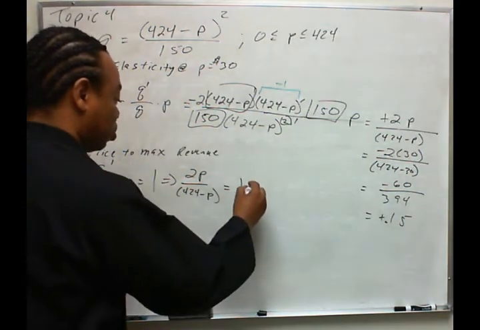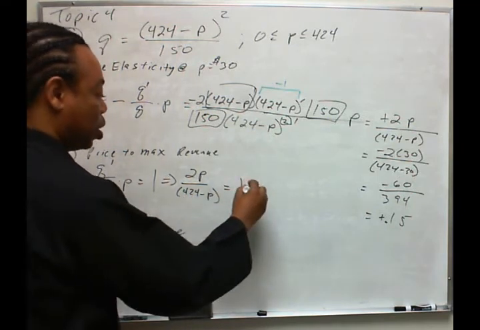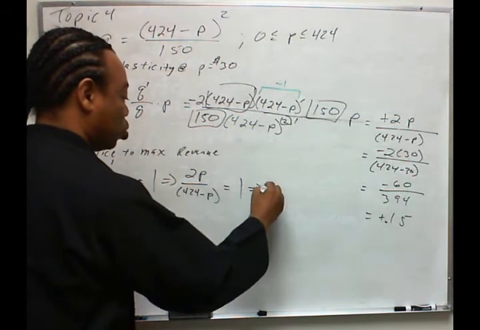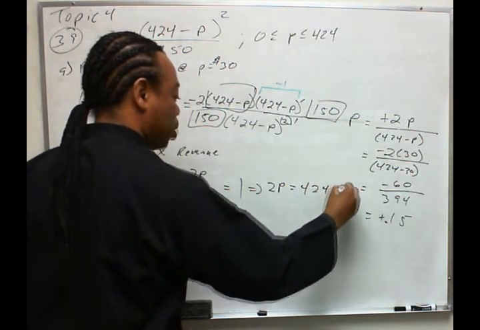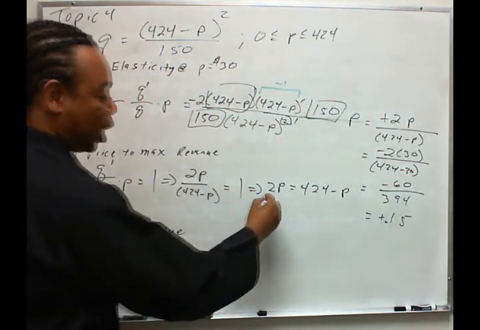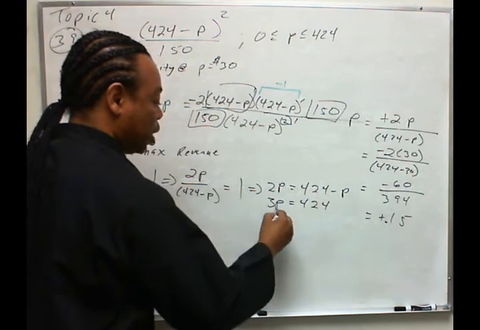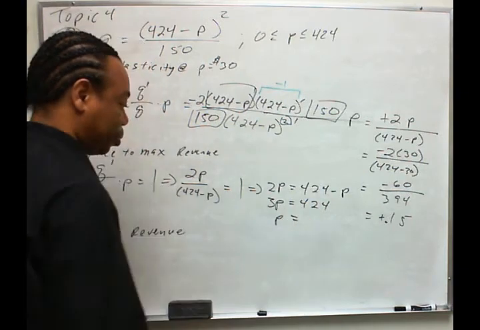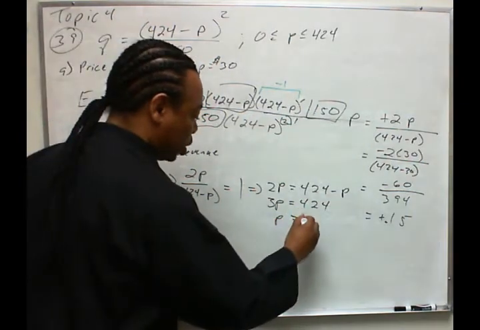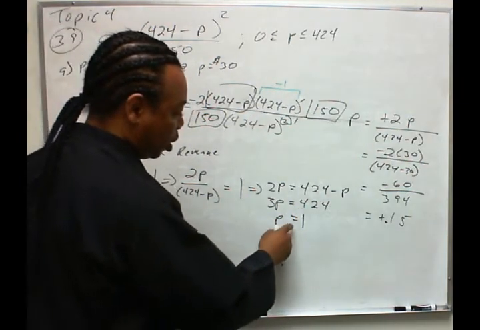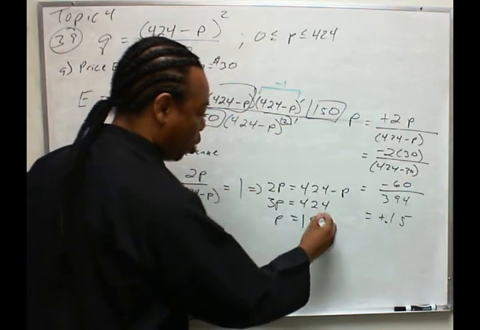If I multiply both sides by 424 minus p, we get 2p equals 424 minus p. Add p to both sides, this gives me 3p equals 424. Divide both sides by 3. 3 goes into 4 one time, leaving 12, which goes into 4 times. 3 goes into 4 one time.